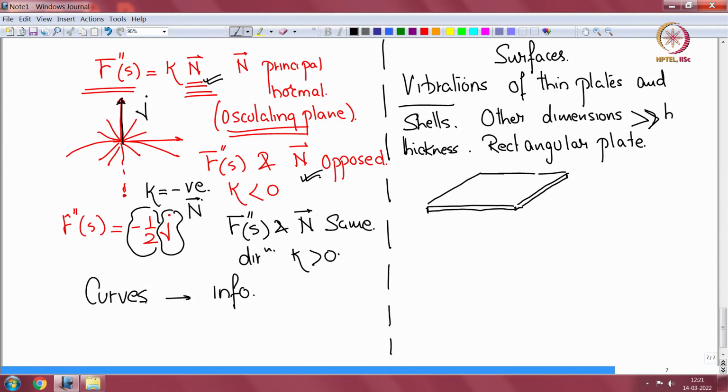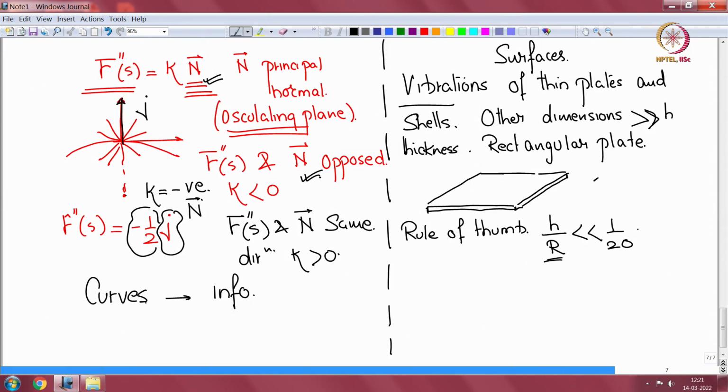Now, as a rule of thumb, the thickness over the radius of curvature must be less than 1/20, or h is less than r/20. R is the radius of curvature.